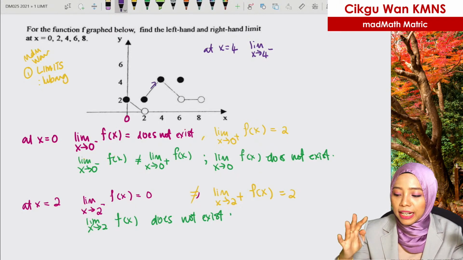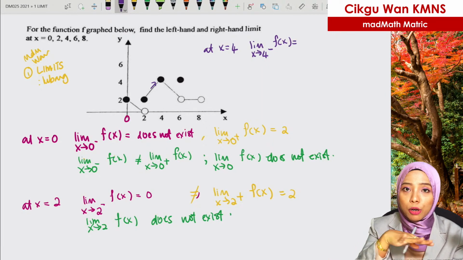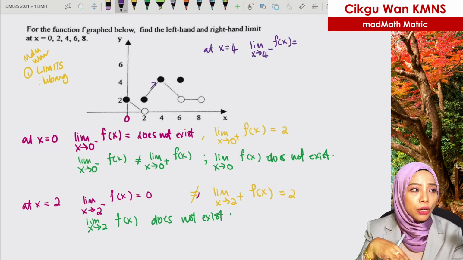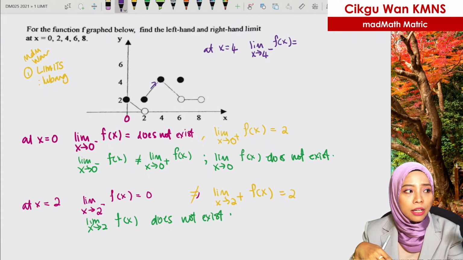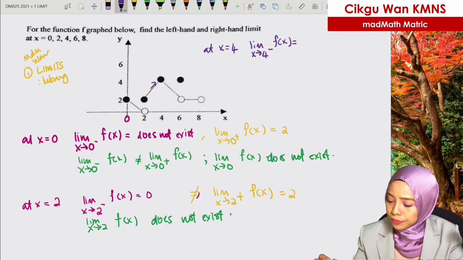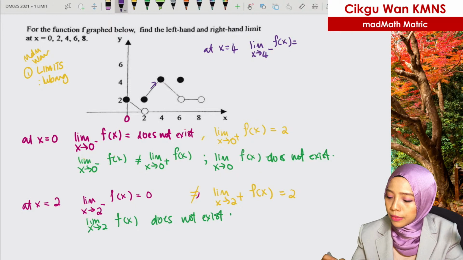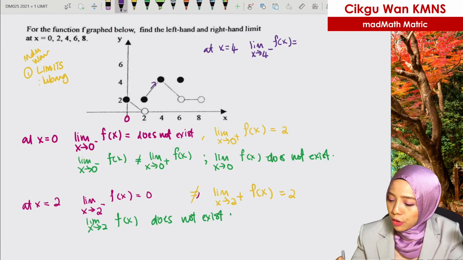From the left, f(x) is equal to what? What's the y value? Okay. So limit x approaching 4 from the left will give you 4.